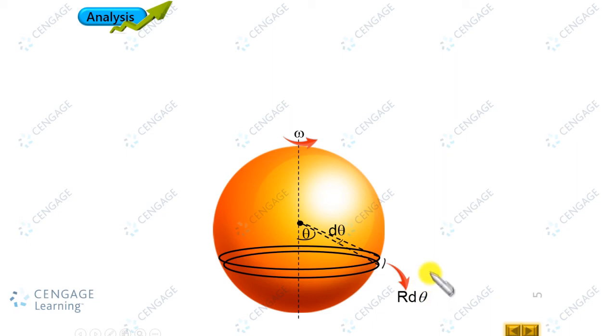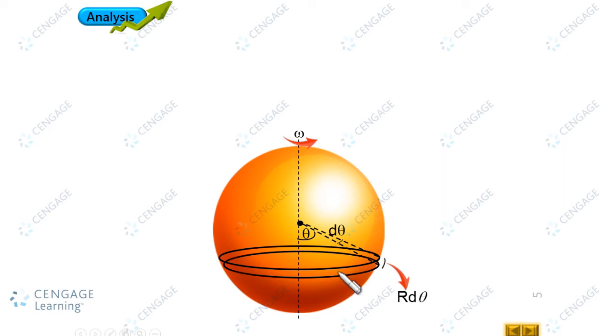Now it is required to find the charge of this ring, because this ring is rotating and this ring is equivalent to a rotating loop. For calculating the charge of this ring, we should calculate the area of this ring.